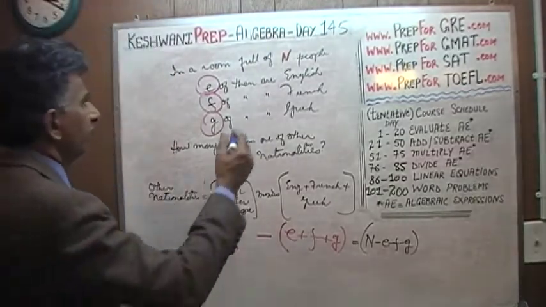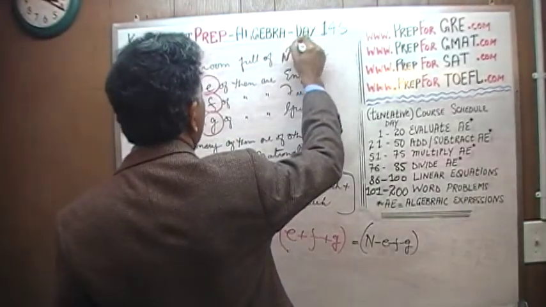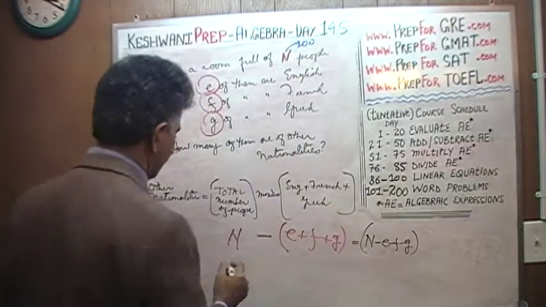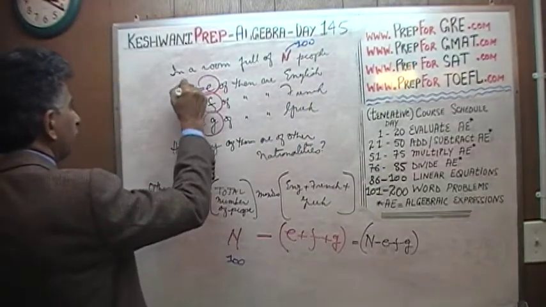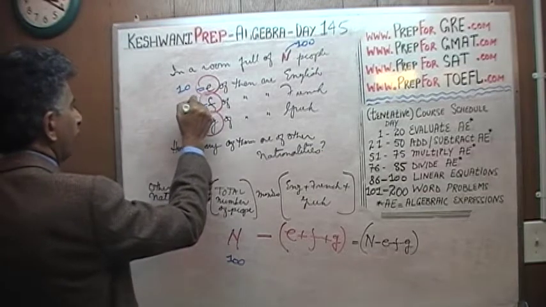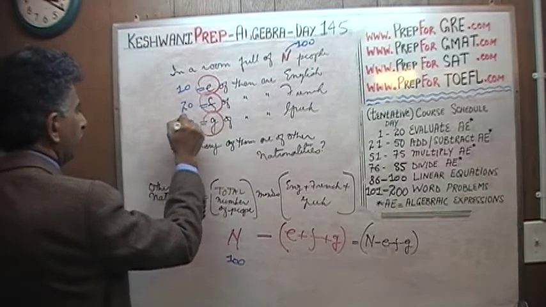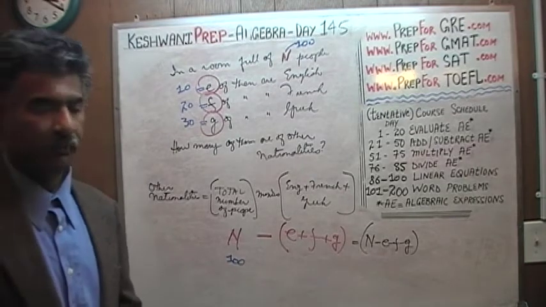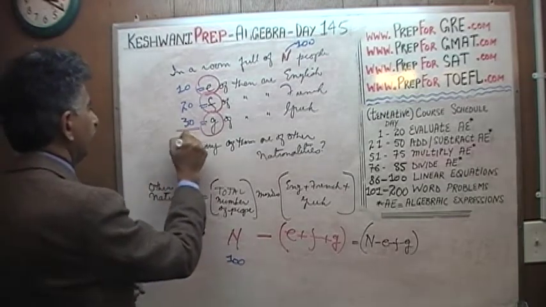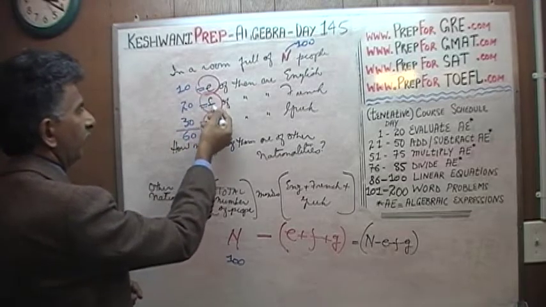So let's make up a number here. Let's pretend that there are 100 people in the room. So n is 100. Let's pretend that 10 of them are English, 20 of them are French, and 30 of them are Greek. Well, if 10 of them are English, 20 of them are French, and 30 of them are Greek, we have altogether 60 people who are either French or English or Greek.